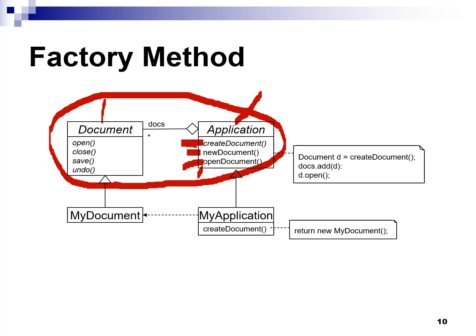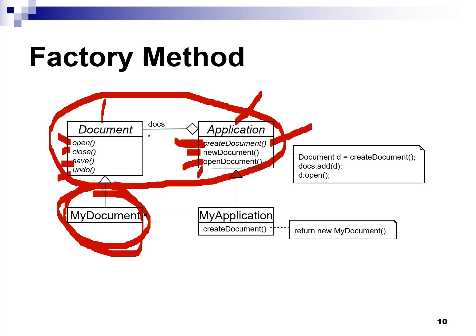But of course, to create the document, how do I create the document? Well, we don't know, because the programmer needs to create a subclass of Document, right? And Document has methods to open, to close, etc. So we don't know how to create a particular subtype of Document here, but what we do is we just create an abstract method, which is createDocument. This createDocument will return a Document, right?